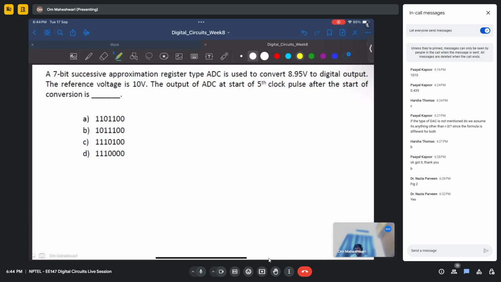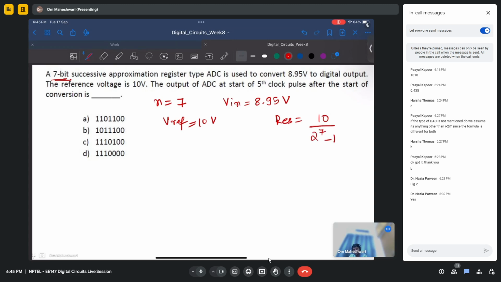Now in this case, you have 7 bits, n equals 7. Your V in is 8.95 volts. Vref is 10 volts. Your resolution will be 10 upon 2 to the power 7 minus 1, which is 0.0787 volts.